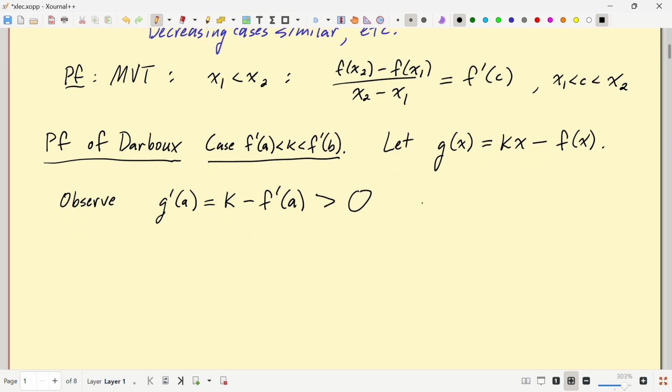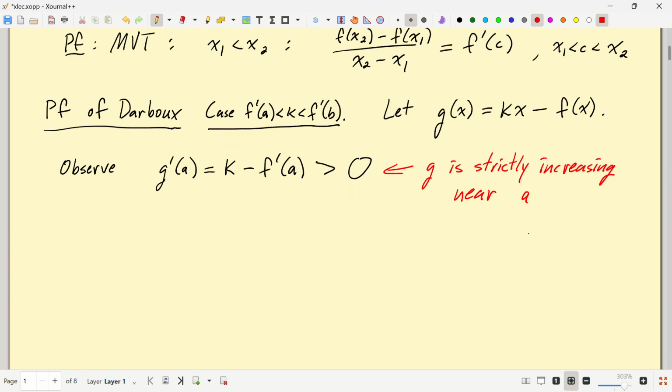So what this tells me is that g is strictly increasing, not near A, but at A.